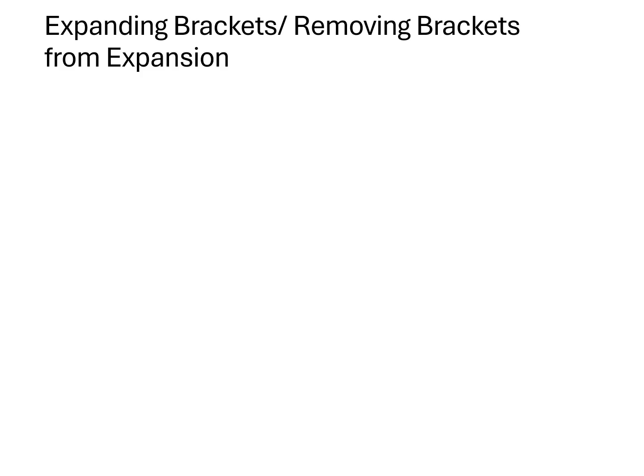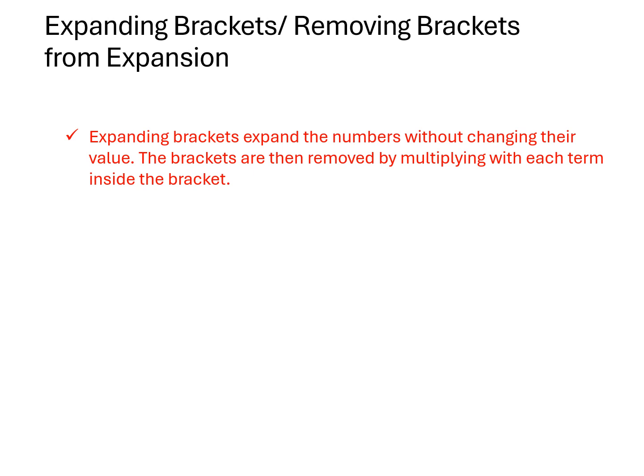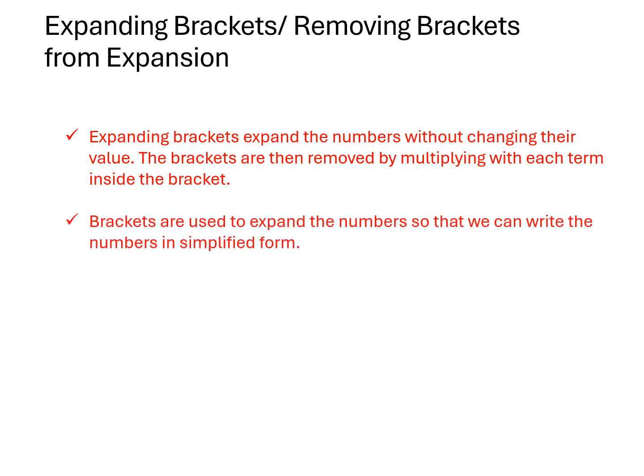Now we have covered how to group like terms and unlike terms. Now we're going to talk about expanding brackets, removing the brackets. Expanding brackets expands the numbers without changing their value. The brackets are then removed by multiplying with each term inside the bracket. Brackets are used to expand the numbers so that we can write the numbers in simplified form.